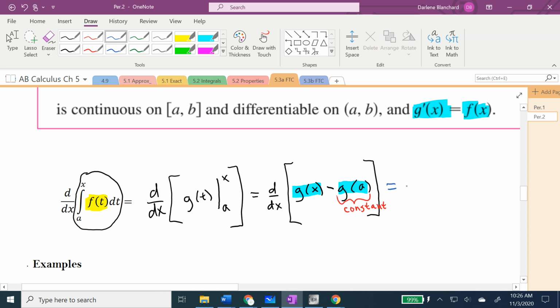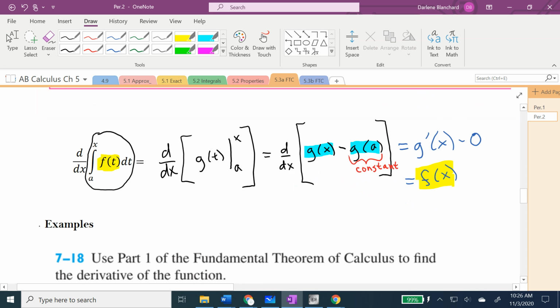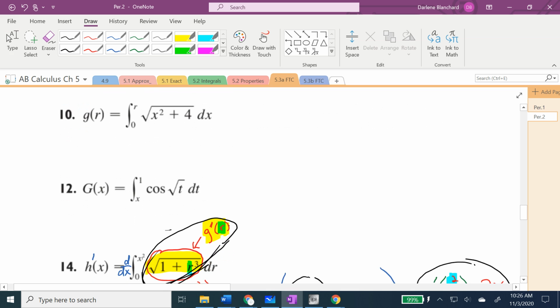So I take the derivative of g of x, and the derivative of the constant is 0, and the derivative of g just takes me right back to what f is. So this is a long route of showing you a little bit more with that first part of the fundamental theorem by combining these two ideas together. I also want to show you a way to do an example where you have to chain rule.